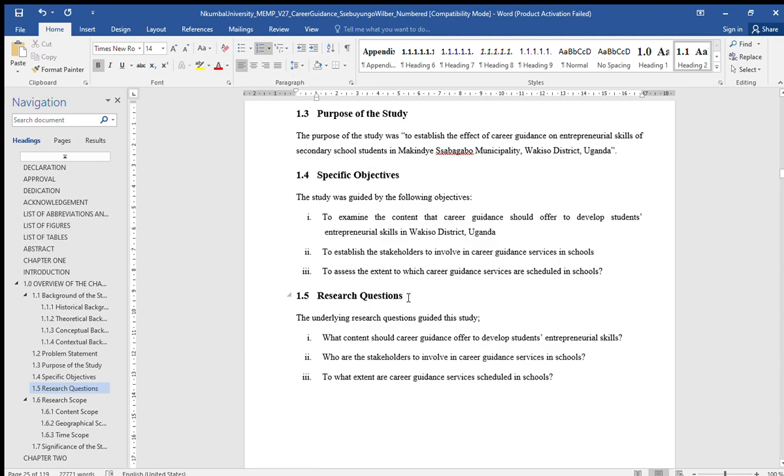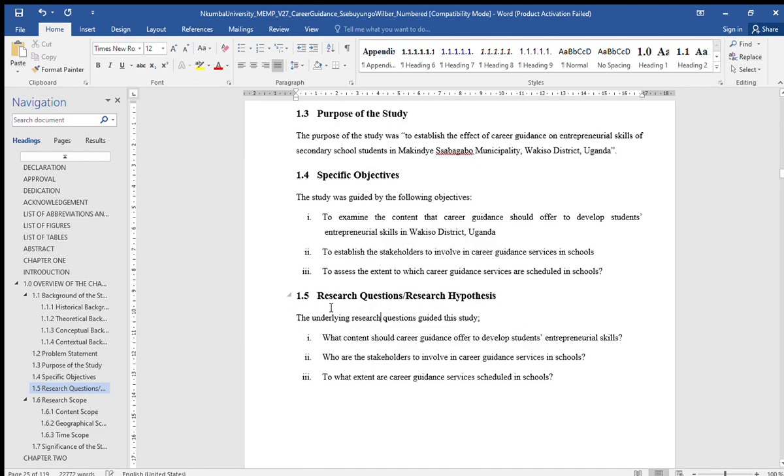To those who are going to do quantitative research, they call 1.5 research hypothesis. So here others call it hypothesis. Research hypothesis.